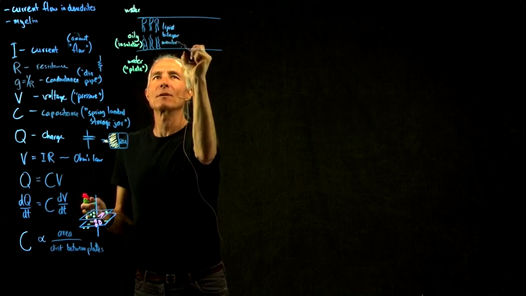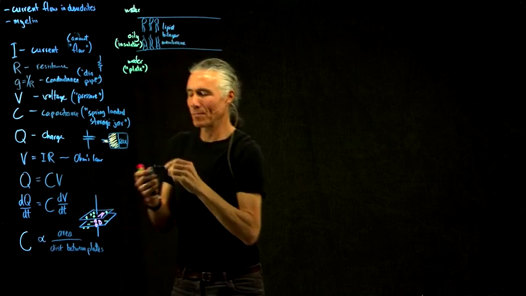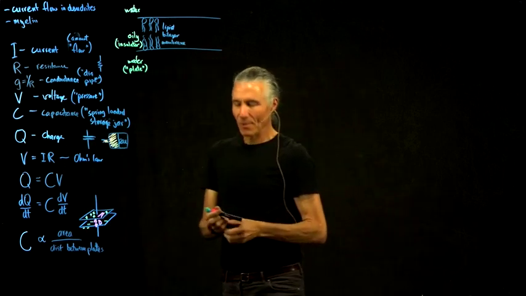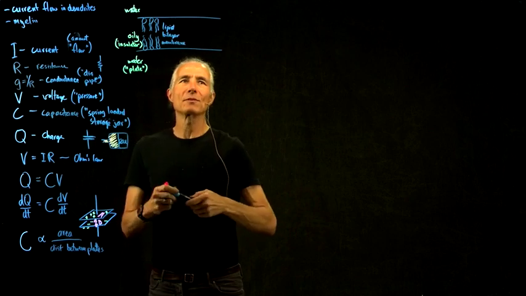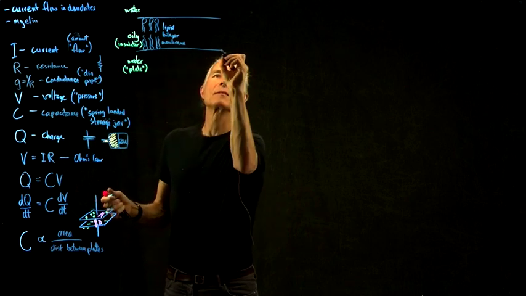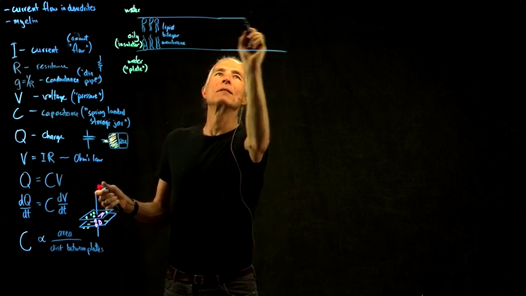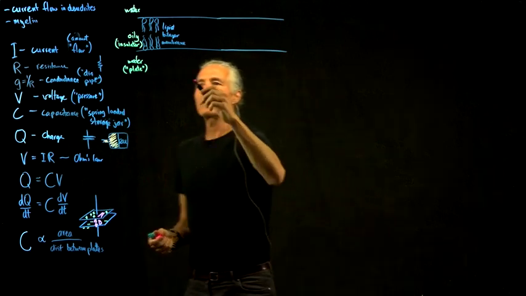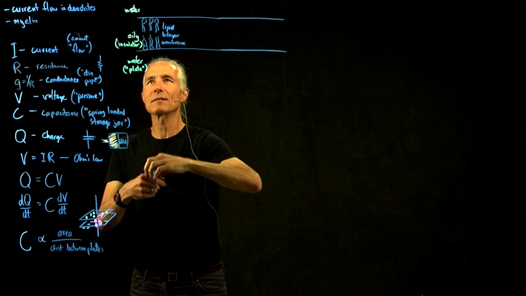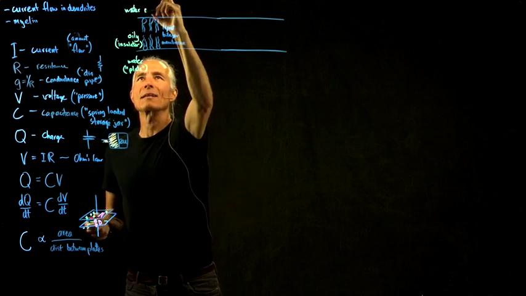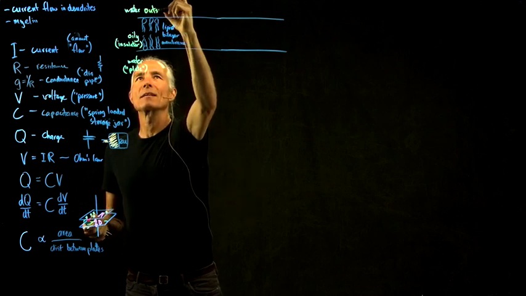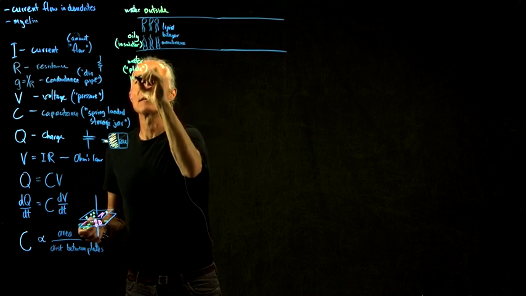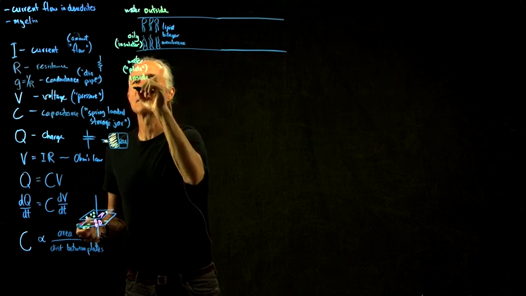And so we're going to approximate that with some electrical circuit parts. What are those electrical circuit parts? Basically, we'll call this water outside, and this is water inside the cell.